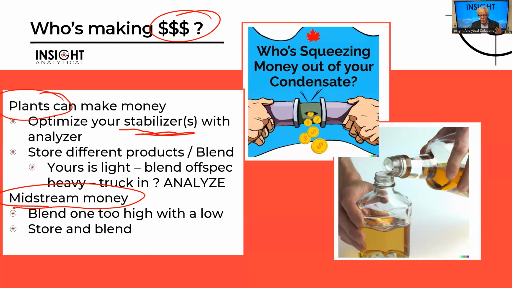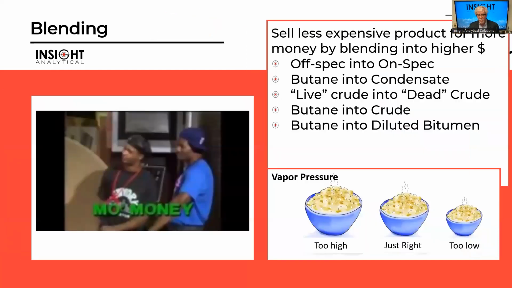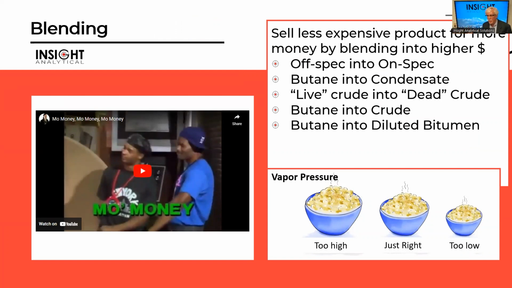And so now we're speaking about blending. We're talking a little bit about crude oil blending as well. So in blending, what we want to do is take a less expensive product and be able to sell our less expensive product as if it was a more valuable product by blending it into another one. So I kind of draw the little Goldilocks analogy at the bottom here.